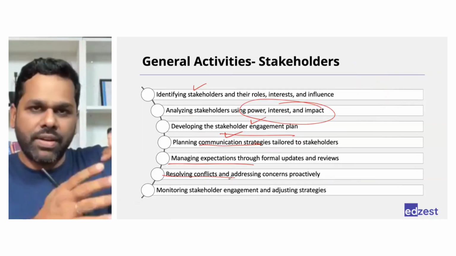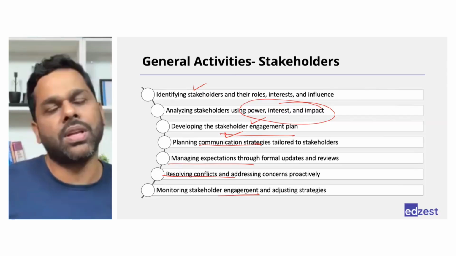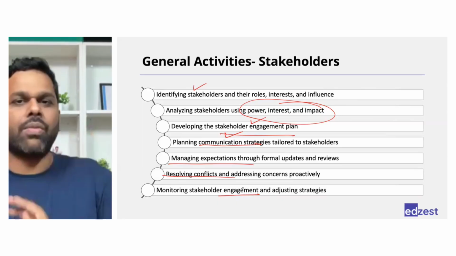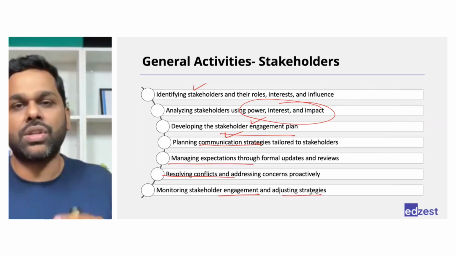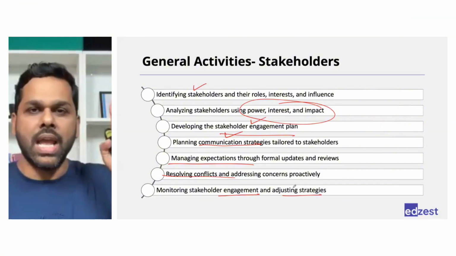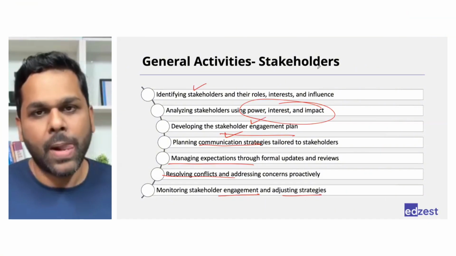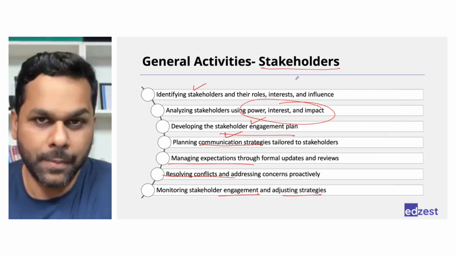And then at a decided frequency, keep monitoring the engagement throughout the project. That yes, whatever we were expecting is exactly what we are doing. If there is any variance, adjust your strategy and ensure that you are keeping your stakeholders engaged throughout the project. That's how you manage stakeholders, or that's how you engage with stakeholders in the project.